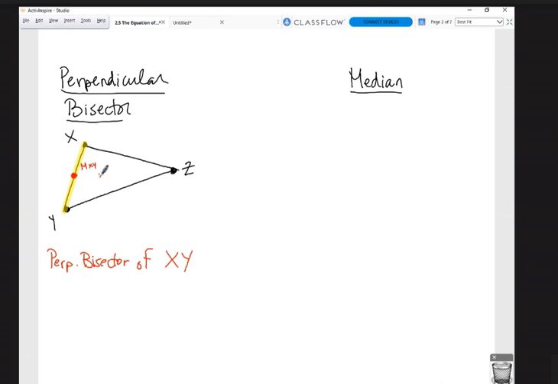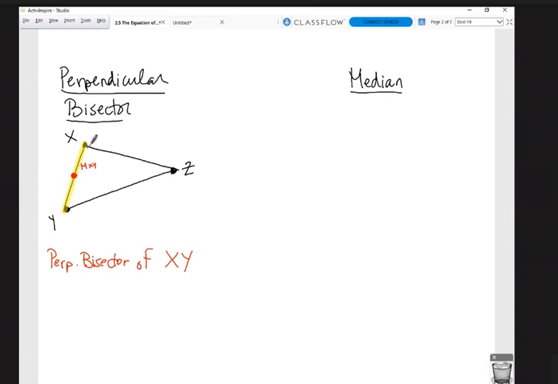Now, our line, what's the relationship? Because we have the point, which is great. Now we're looking at slope. What is the relationship between our perpendicular bisector slope and the slope of XY? That's it. They're negative reciprocals.